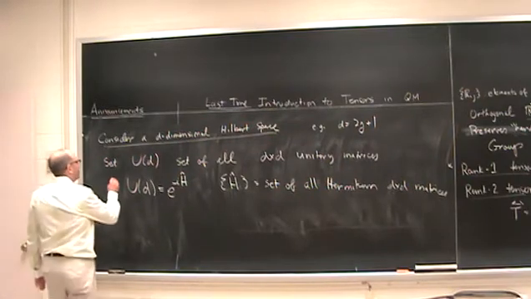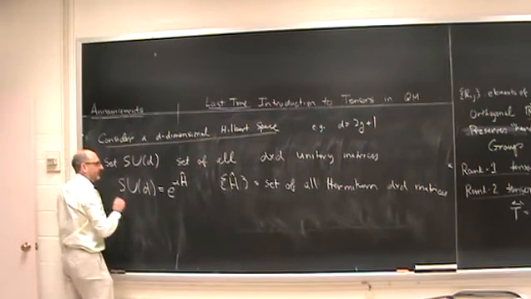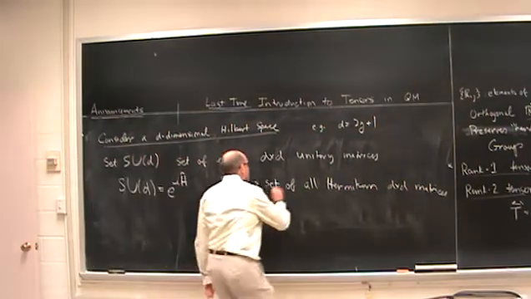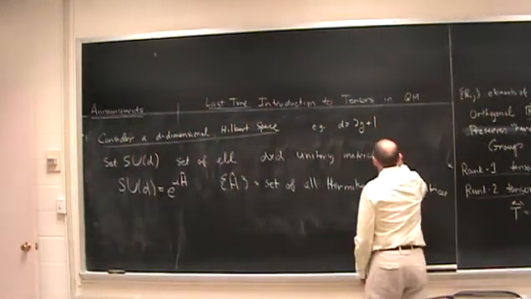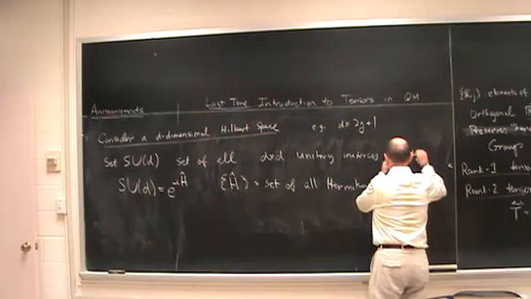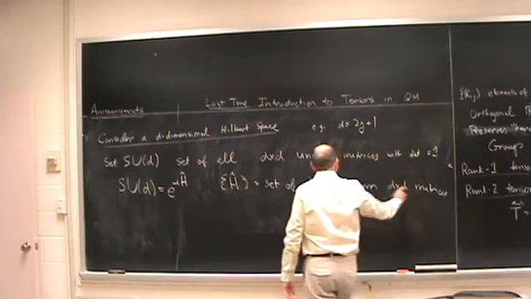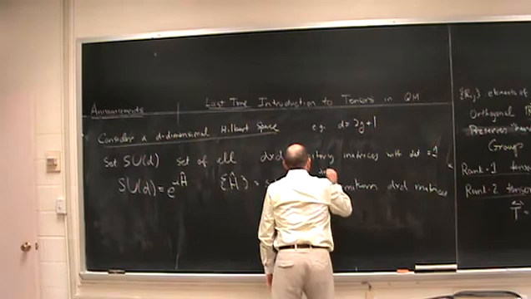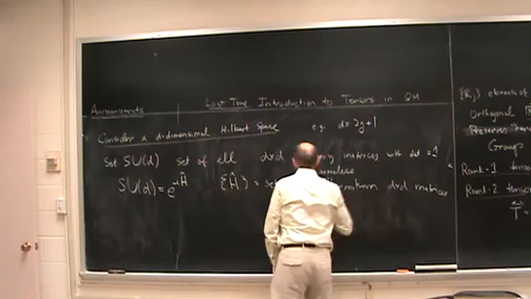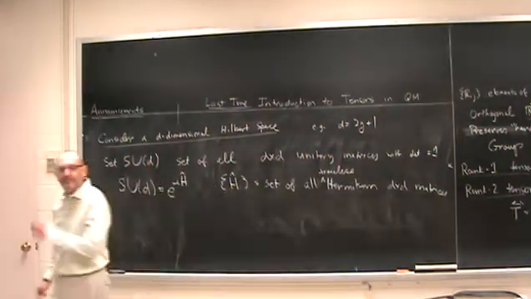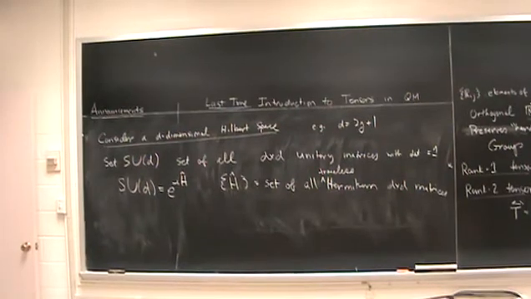So I can consider this, the set of unitaries with determinant 1, and this is the set of all traceless Hermitian matrices. This is the group SUD.